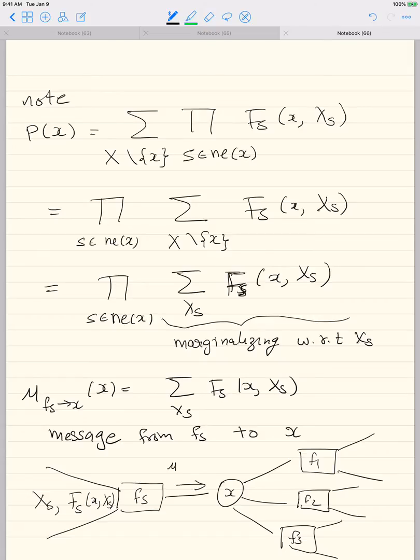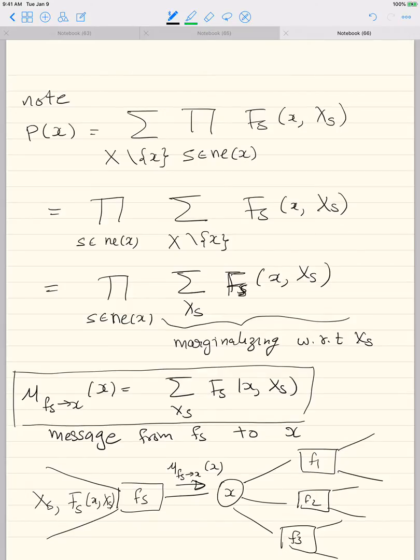The message here from fs to x is on this particular edge connecting fs and x, and it is defined this way. We sum up the product of all the factors associated with fs over the descendant variable nodes in fs.